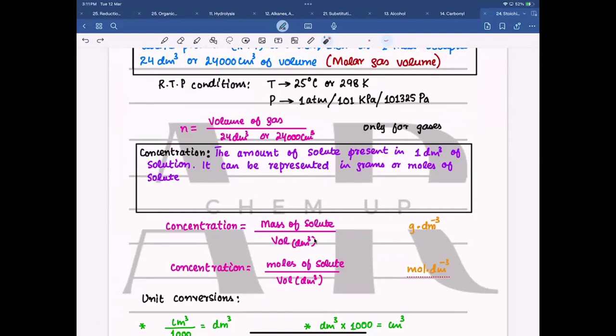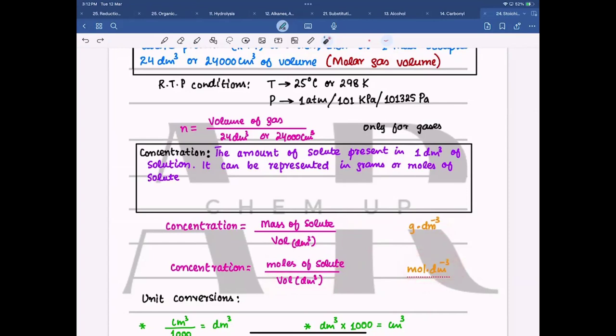So see, whatever solute we are dissolving in a solution, if we put its mass in the numerator and put the volume of the solution in dm³ in the denominator, then we will get the concentration in g/dm³. If instead of mass we use moles of solute and divide it by the volume in dm³, then it's mol/dm³.